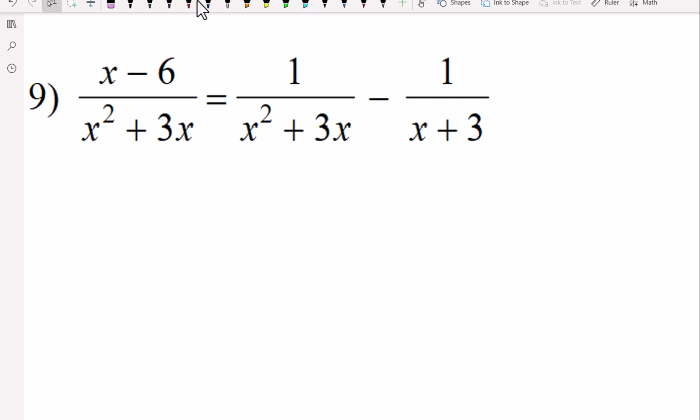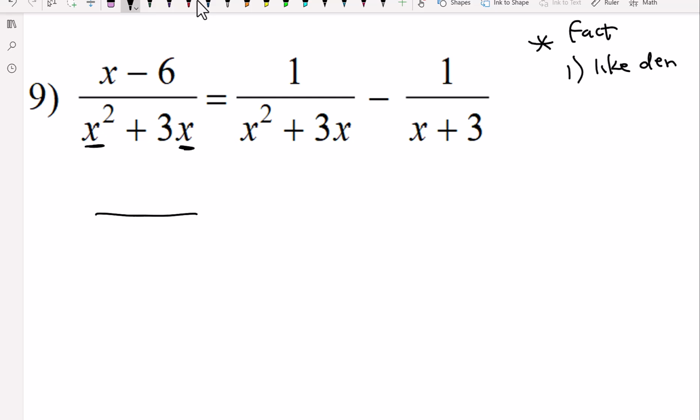Now we've got an expression. When you have an expression in the denominator, there's almost always going to be 2 places that x can't equal. So first thing we're going to do here is, again, find like denominators. And we might have to start by factoring the denominator. So these have an x in common. I'm not going to rewrite the numerator, just to save time.